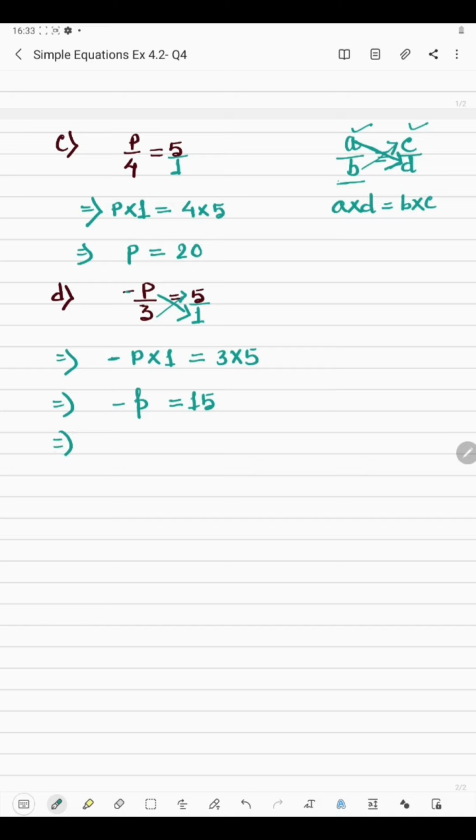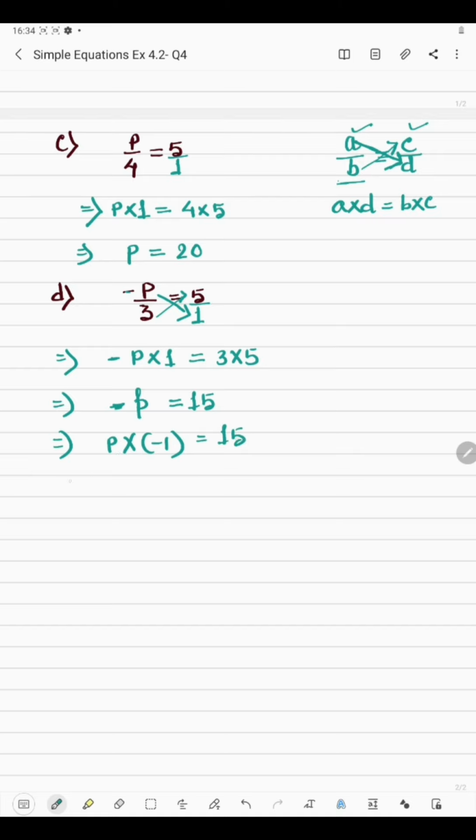Now we have to find the value of the variable. Here with p we have a negative sign, so what we have to do is transpose to the other side. Minus p means p into minus 1, because if you multiply this, then we will get minus p.